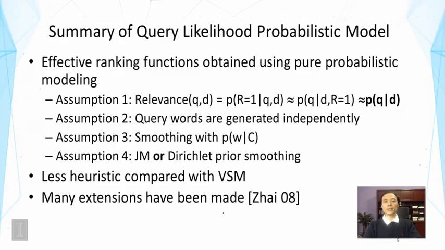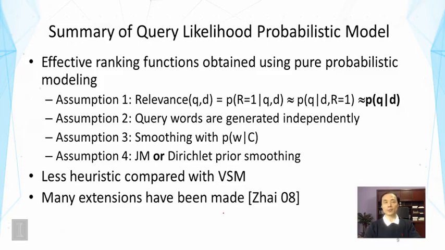And let's recall what assumptions we have made in order to derive the functions that we have seen in this lecture. Well, we basically have made 4 assumptions that I listed here. The first assumption is that the relevance can be modeled by the query likelihood. The second assumption we've made is that query words are generated independently.